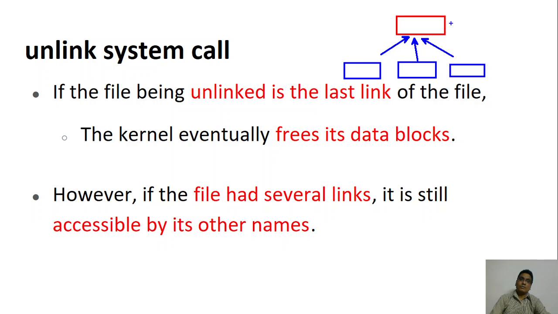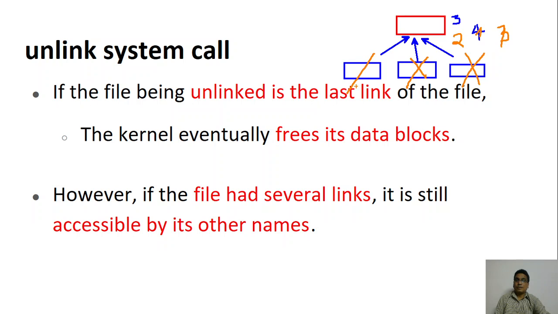In this case the count will be 3 links, so altogether 4 are referring to this. Suppose you remove one of them, then the count will be reduced to 3. Suppose you remove this link, that is, unlink it, then the count will be reduced to 2.